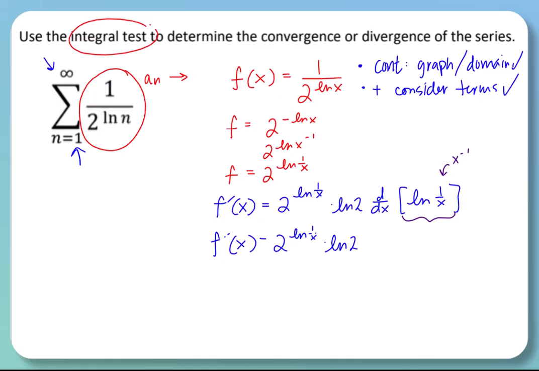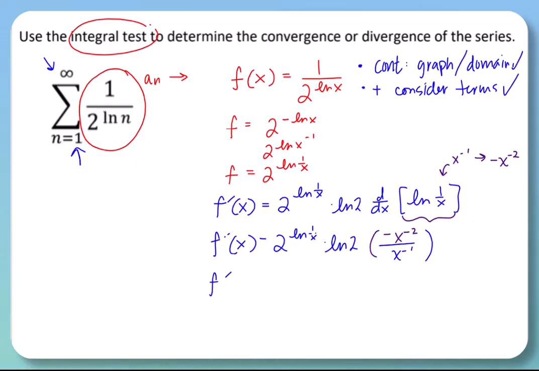So the derivative of x to the negative 1 is going to be negative x to the negative 2. So I have negative x to the negative 2 divided by 1 over x, or x to the negative 1. And so negative 2 minus negative 1 is negative 1. And that's going to end up being negative 1 over x.